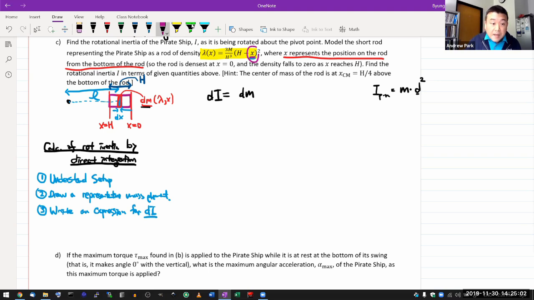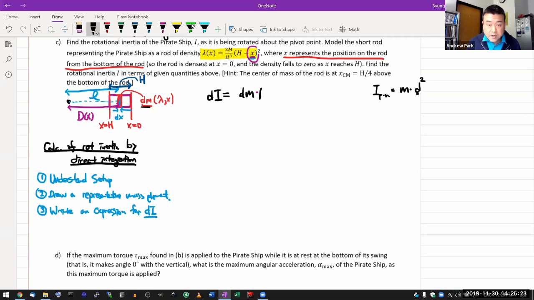So I need to write a new expression that's going to represent the distance, as a function of x, the coordinate variable, so that I can eventually write out everything on the right-hand side in terms of x.